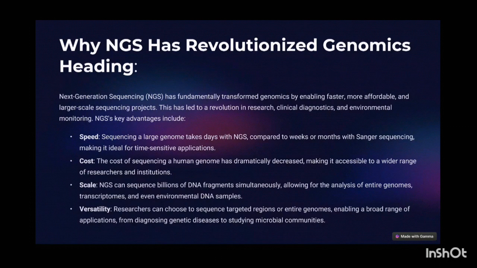That is what NGS allows scientists to do in environmental research, to analyze a complex mixture of DNA from an ecosystem without having to isolate each species individually. So this is how it revolutionized the world.